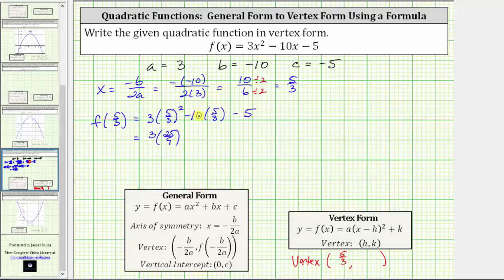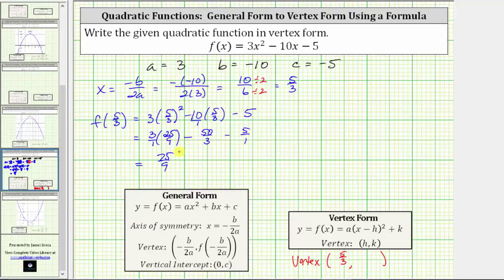And then here we can write 10 as a fraction with a denominator of 1, giving us minus 50/3. And let's write minus 5 as minus 5/1. Multiplying here, let's write 3 as a fraction with a denominator of 1. Multiplying, we have 75/9.